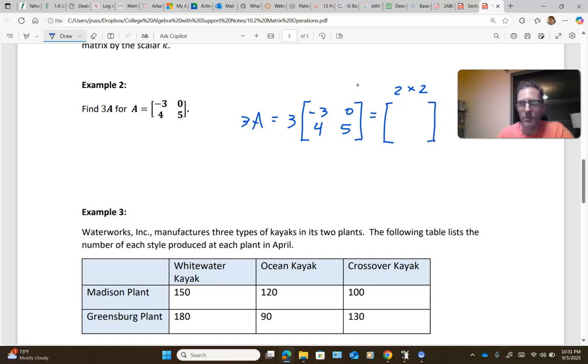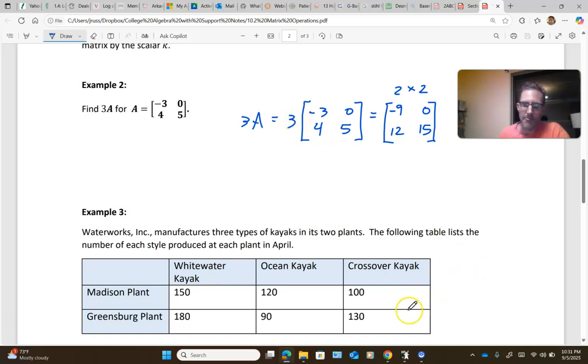It's going to remain a 2 by 2. But all 4 of these entries are going to be multiplied by 3. So this will become negative 9. 3 times 0 is 0. 3 times 4 is 12. 3 times 5 is 15. And you do the same thing if this were a negative 3.